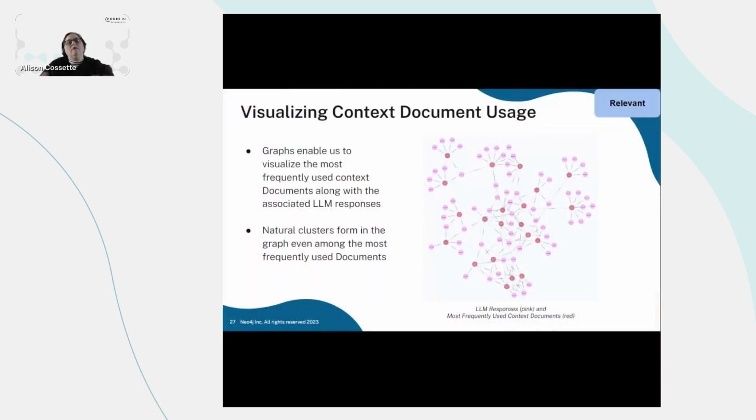But ultimately, one of the things we want to start looking at is understanding how context documents are used. In this graph, the dark pinks are the actual messages and prompts that were used, and the lighter pinks are the chunks.